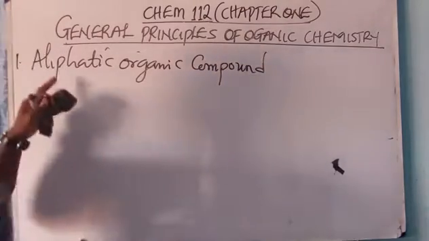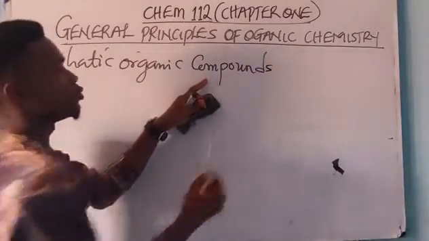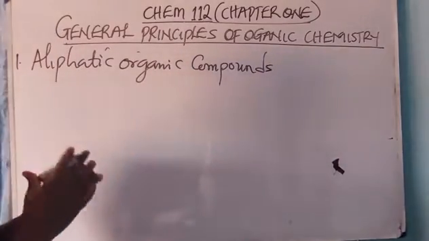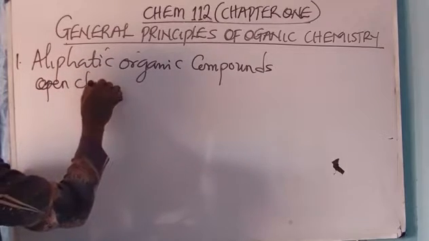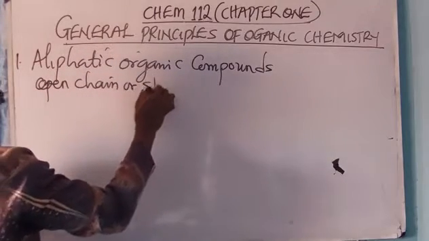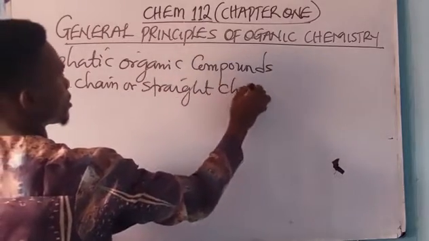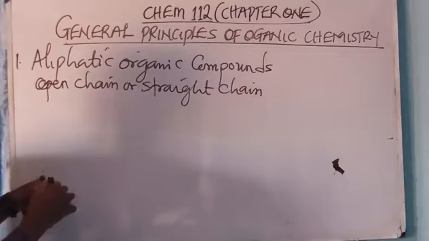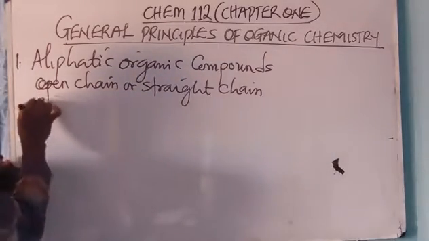Aliphatic organic compounds are compounds whose chain is open, or straight chain.